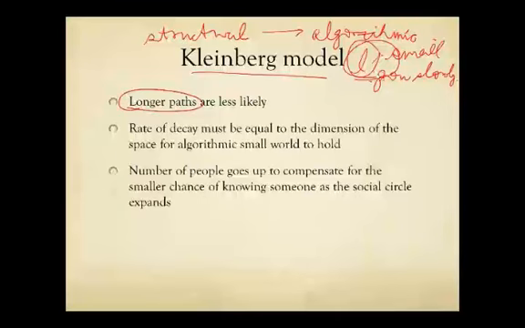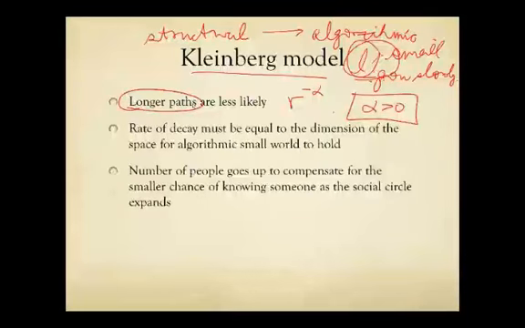Well, how less likely? Let's say the distance is denoted by r, which could be the physical distance or some composite metric of social and physical distance, then the probability that such a long-range link exists is r to the minus alpha. So alpha is some parameter that controls the rate of decay of the likelihood of the longer path.